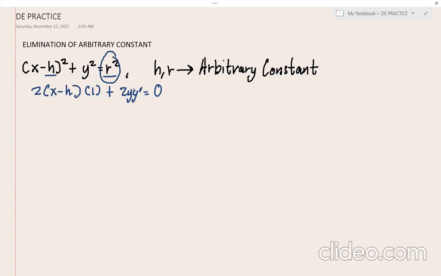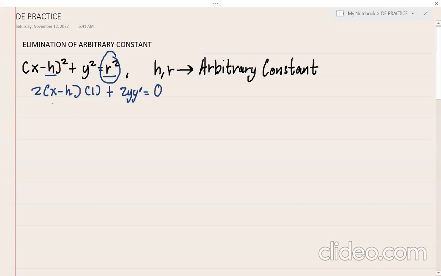Kaya kung nagtaka kayo sa first problem, bakit pag kinuha yung derivative ng r squared, 0? Kasi yung r, isa siyang arbitrary constant. So, kahit na i-square mo yung arbitrary constant mo, it's still a constant. Therefore, ano pa rin ang magiging resulta pag na-differentiate mo yun? 0 pa rin siya. Okay?